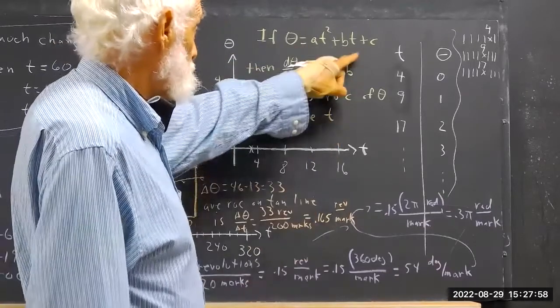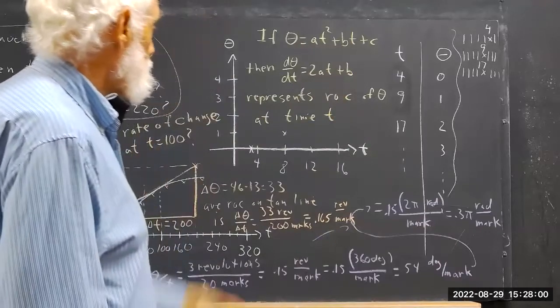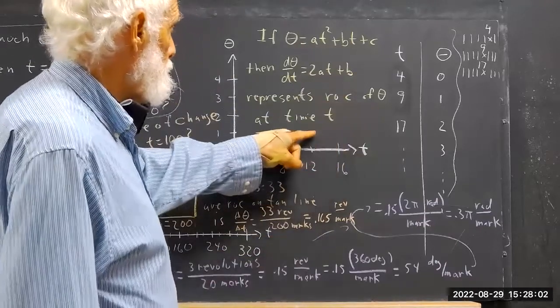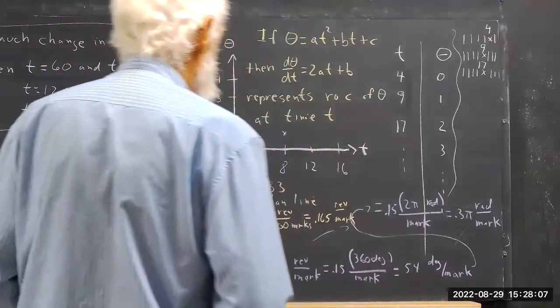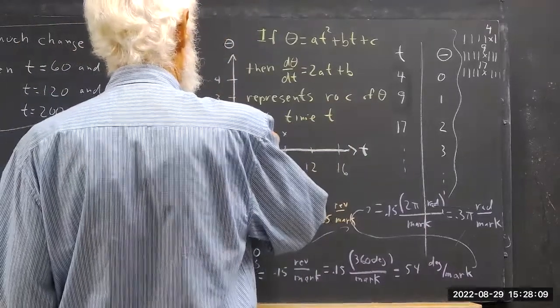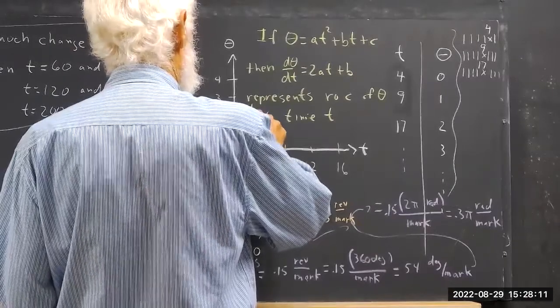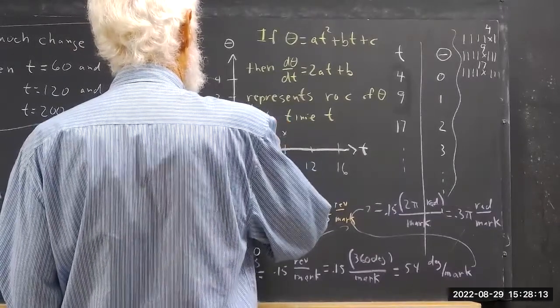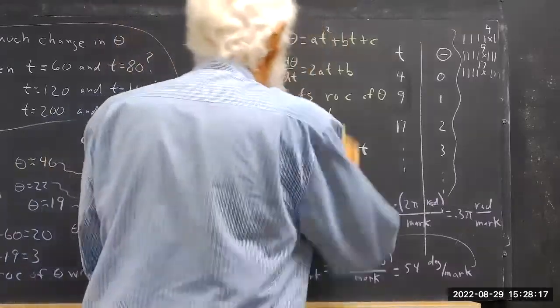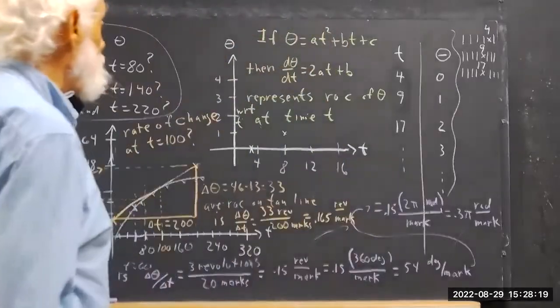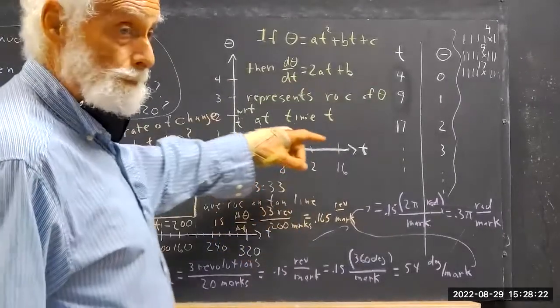And it's obvious that the derivative of this exists. And that represents your rate of change of theta with respect to t, at time t, is this, so just plug in the time, you know what A and B are.